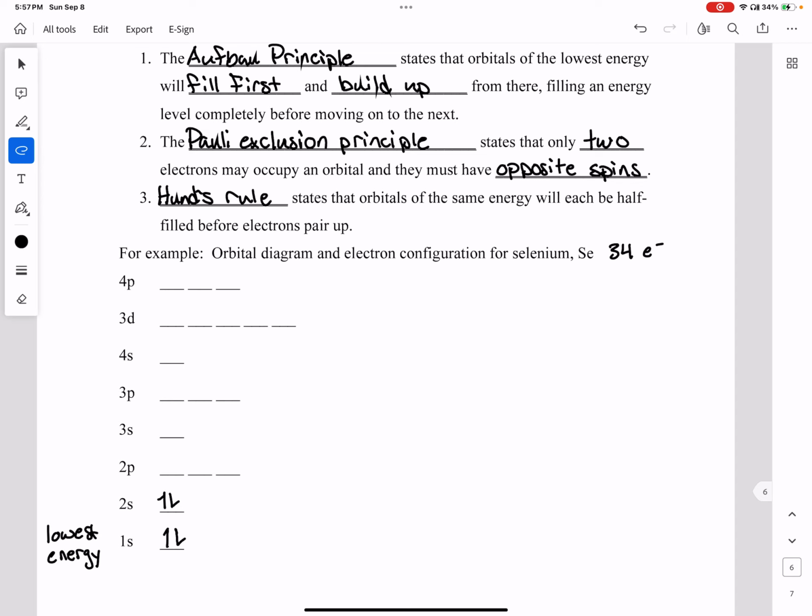And then for the 2p, we have those 3 dumbbell-shaped lobes. And so I'm going to fill each one with a spin up electron before I add any spin down electrons. Okay, fill that up. Fill up the 3s. Same thing with the 3p.